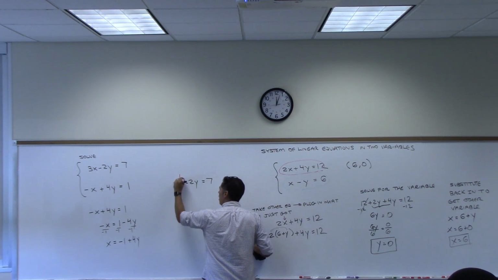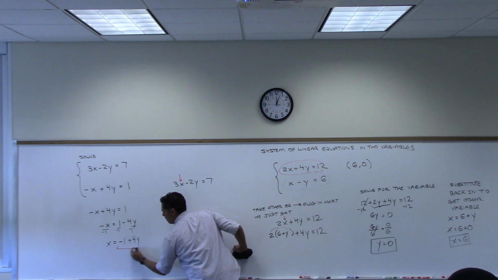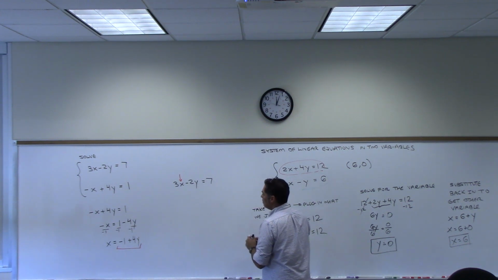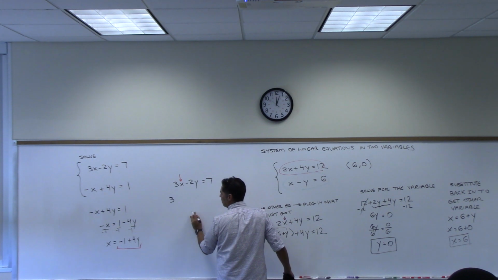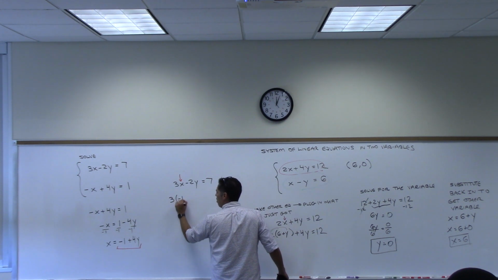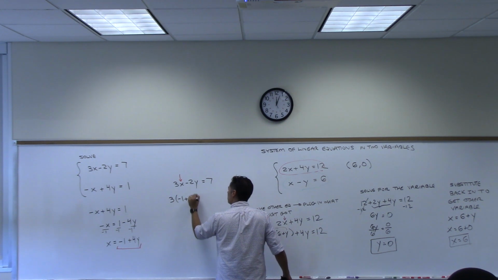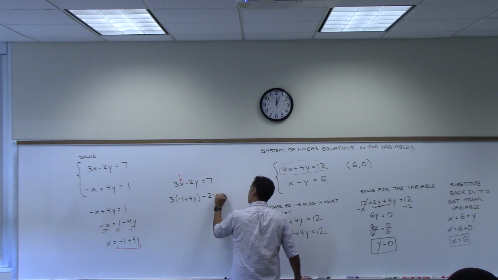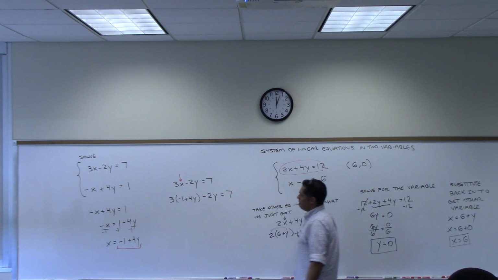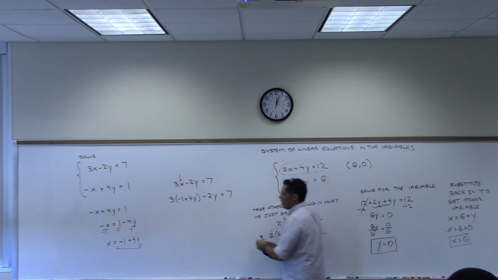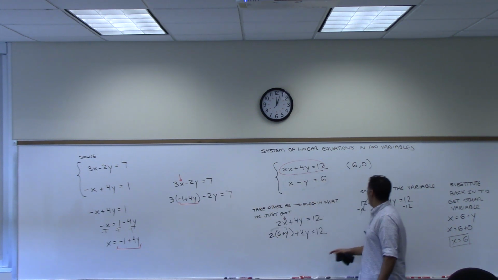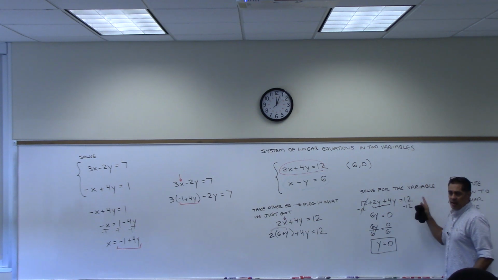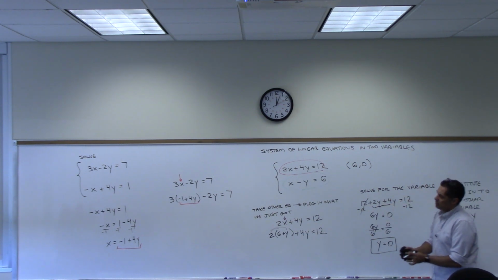X with that. So I write 3. Do I need a parenthesis? Yes. Negative 1 plus 4y, minus 2y equals 7. So I've replaced the x with what I just got. And now I'm going to solve that equation for the variable that I see. So I'm going to solve for y.